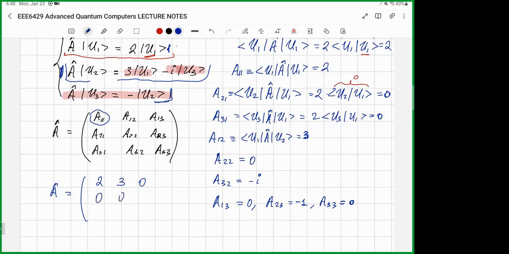A22 is equal to 0. A23 is equal to minus 1. A31 is equal to 0. A32 is equal to minus i. A33 is equal to 0. So this is the matrix of this operator in the matrix representation.